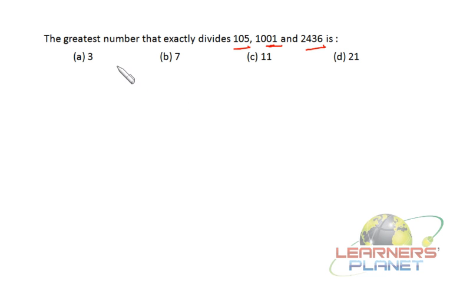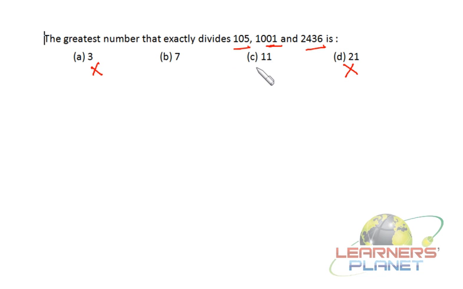Now, suppose 3 is the correct choice, then definitely 3 must be a factor of all of these numbers, but 3 is not a factor of 1001. So it cannot be the right choice. If 3 cannot be the right choice, then even 21 cannot be the right choice, since 21 itself is a multiple of 3.